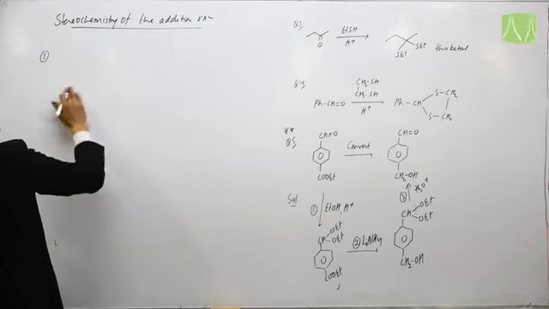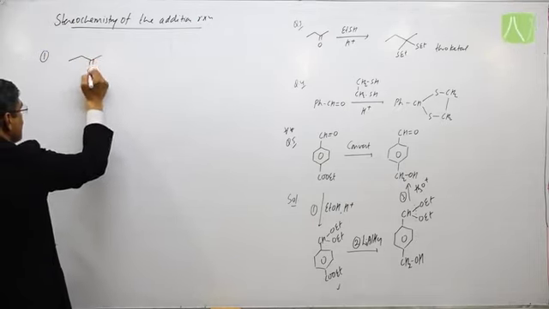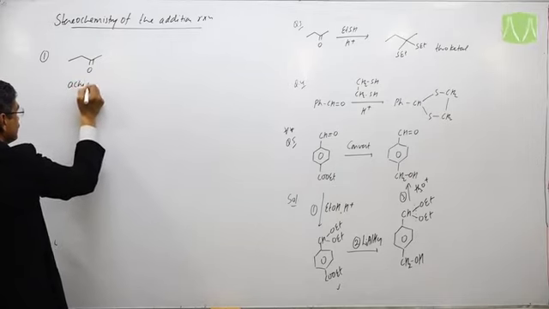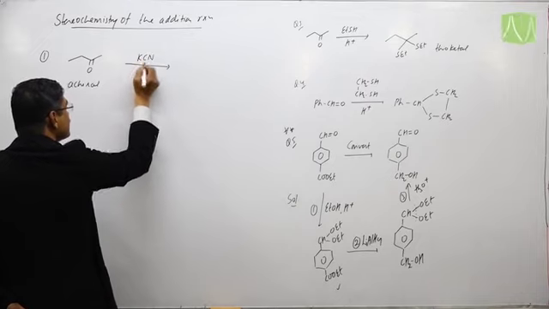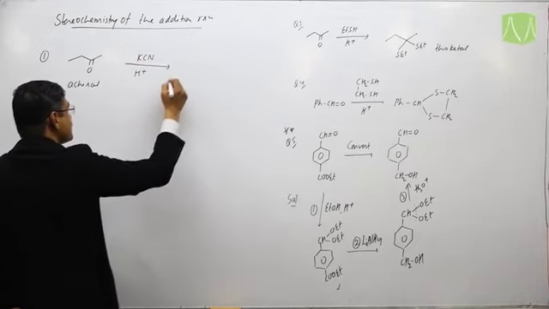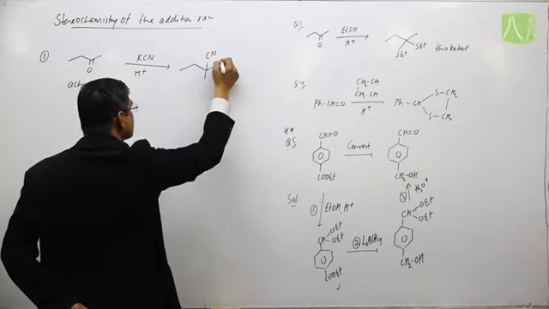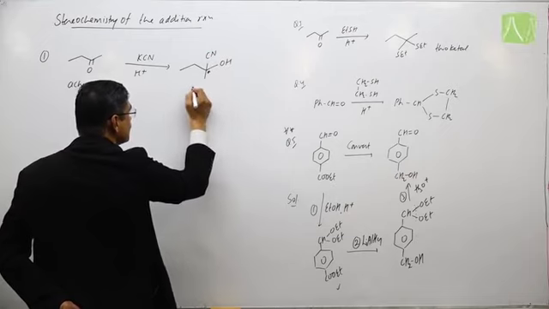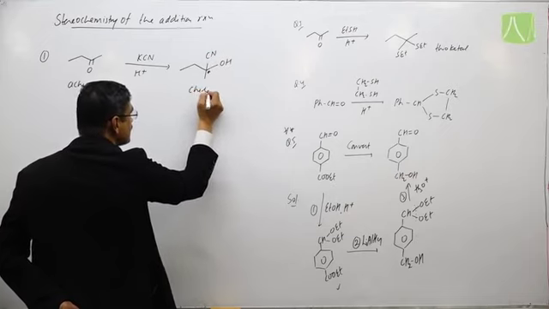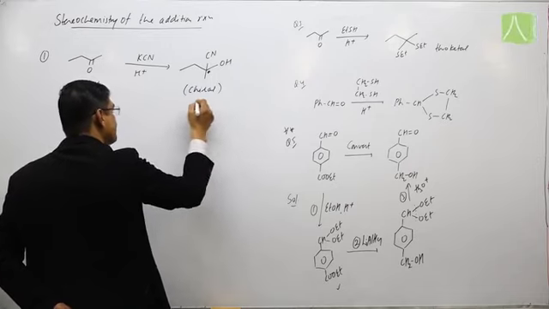In the first example, suppose the compound is achiral, and if I add cyanide in the presence of H plus, then cyanohydrin is obtained and a new chiral center is formed. This compound is chiral, so two products are obtained.